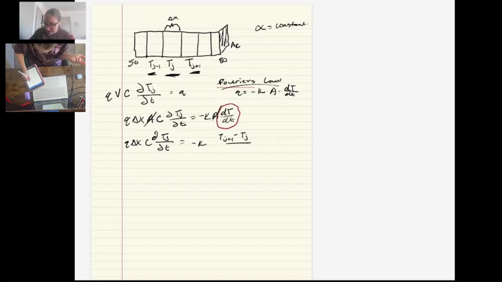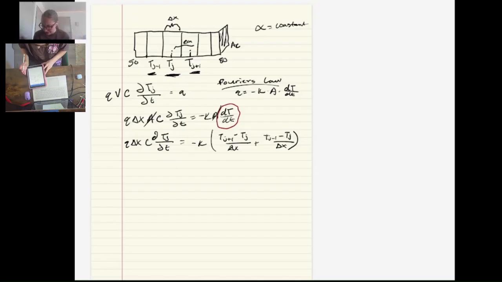These two center pieces are going to give us our delta X, and they're all going to have the same width. So delta X plus TJ minus 1 minus TJ over delta X, because higher heat is going to move to lower heat. It's all about an energy flow. So they are all going to be giving heat to TJ, pretty much.